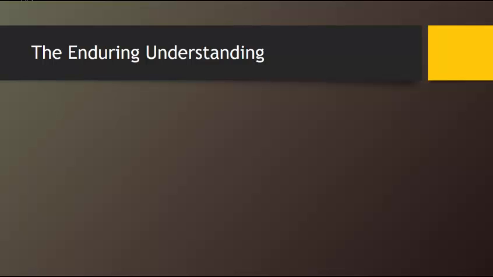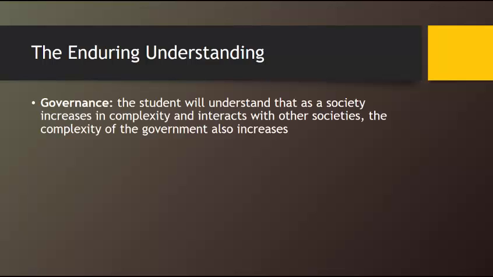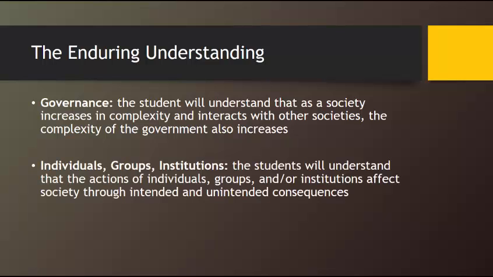The enduring understandings for this module include governance, which reads, the student will understand that as a society increases in complexity and interacts with other societies, the complexity of the government also increases, and individuals, groups, institutions, which states, the student will understand that the actions of individuals, groups, and/or institutions affect society through intended and unintended consequences.